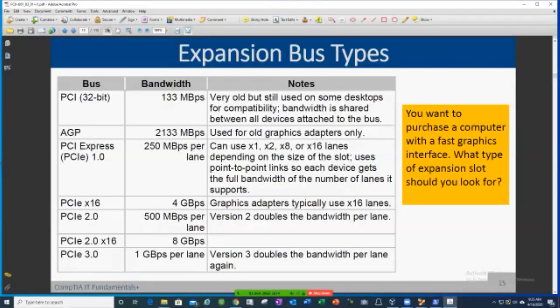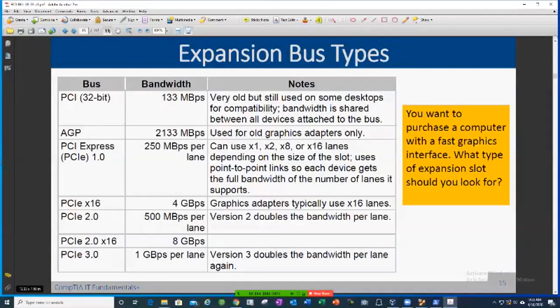It's important to take a look at that, but you don't need to memorize it. One of the questions you might get is related to the speed, and using this to differentiate: if you're going to buy a powerful computer, what kind of PCI would you want to get?